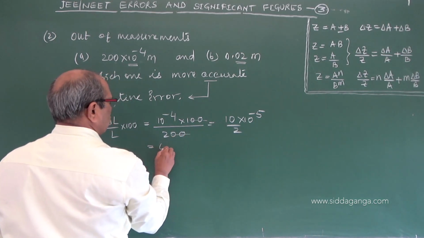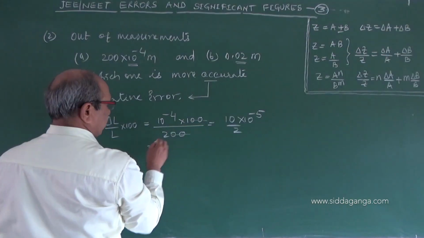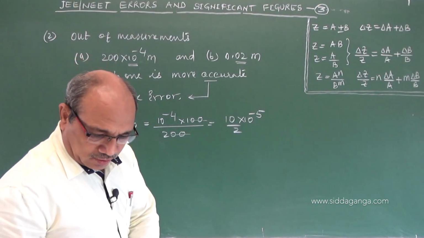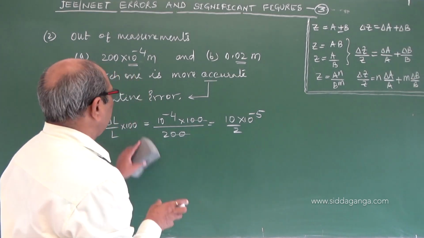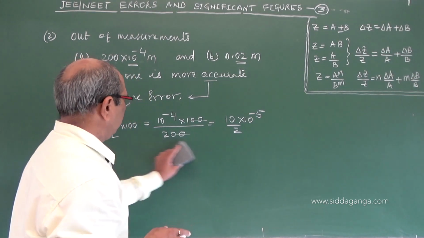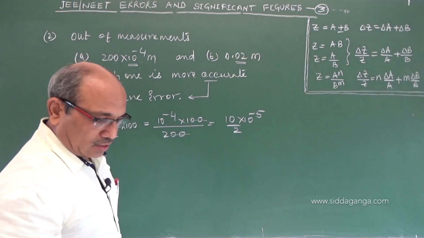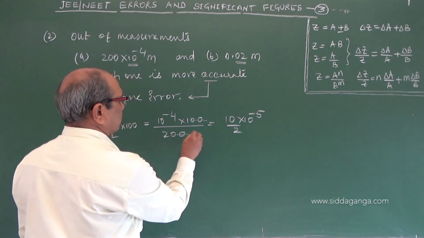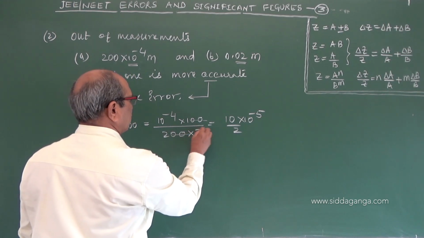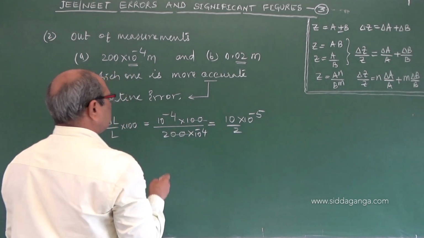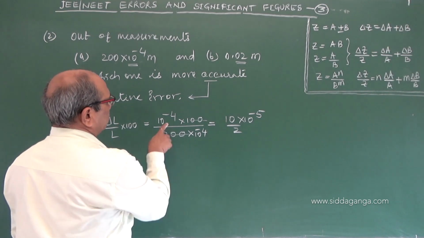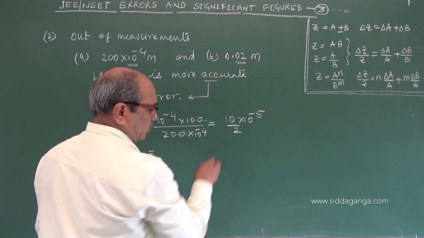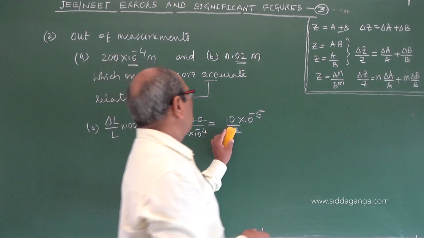So it is 0.5. I have to write here 200 into 10 power minus 4, sorry, I left this 10 power minus 4. So cancelling these two, this becomes 1 by 2.